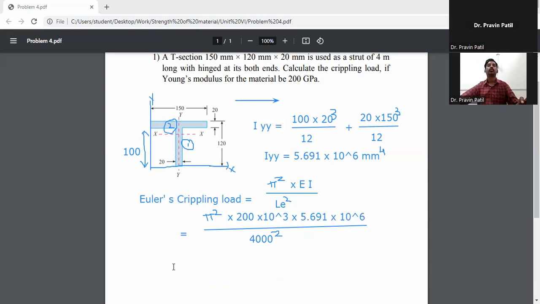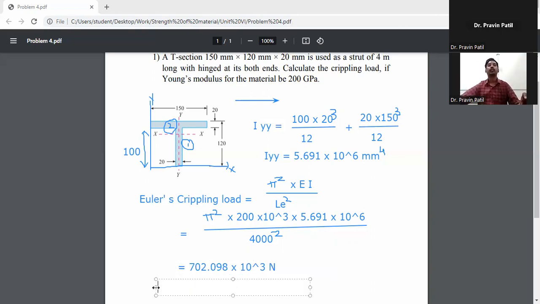Euler's crippling load is equal to pi square into 200 into 10 to the power 3 into 5.691 into 10 to the power 6 divided by 4000 square. It will be 702.098 into 10 to the power 3 Newton.